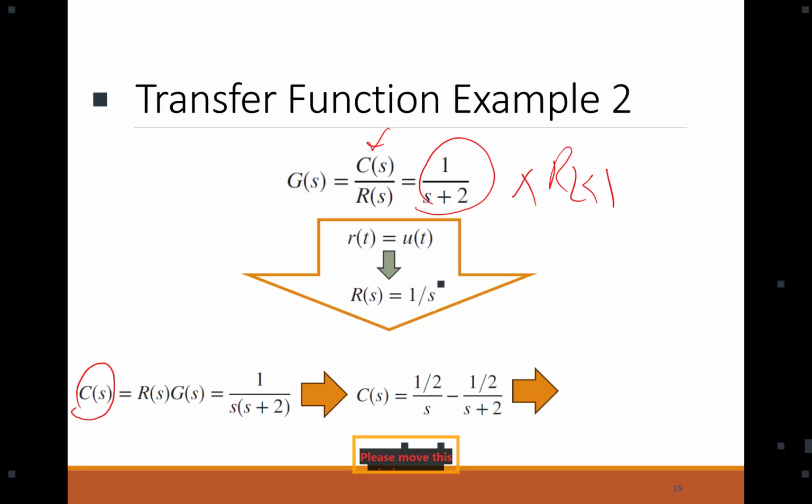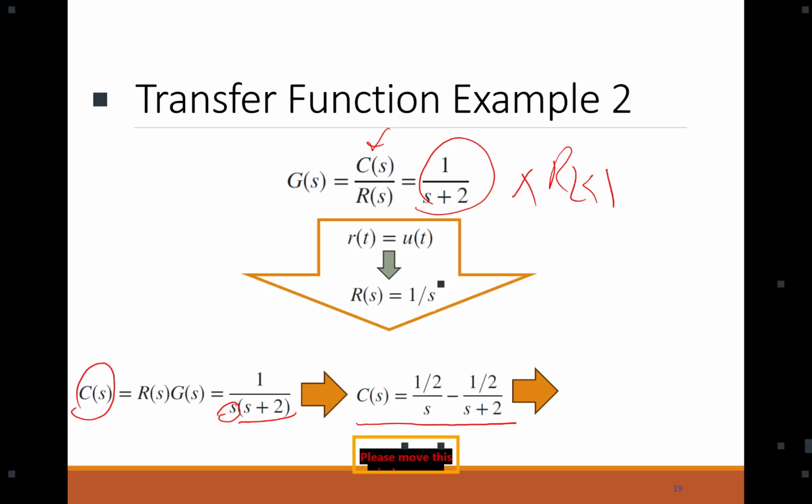Now we know how to separate the two terms in the denominator. We already talked about that, and you probably learned it in a math course. So if we separate these two terms, our C of S is going to be like this.